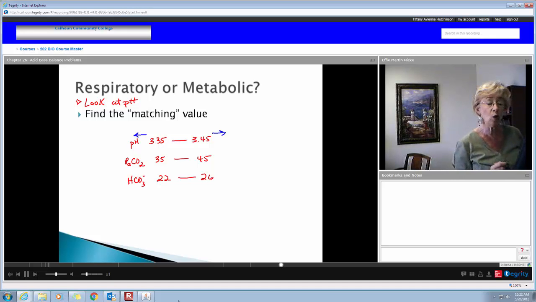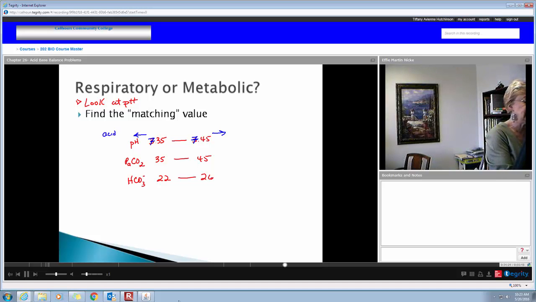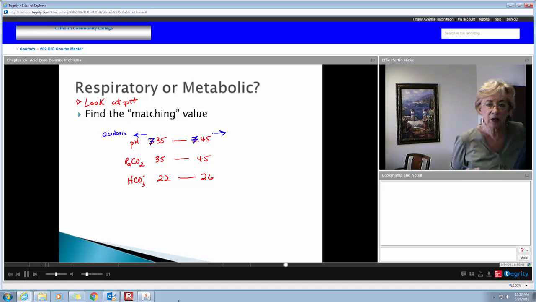If the pH was lower than 7.35 on the pH scale of 0 to 14, 7.35 to 7.45, you're going into what? Acidosis. So write that down like that. If it's higher than 7.45, you're going into what? Alkalosis.